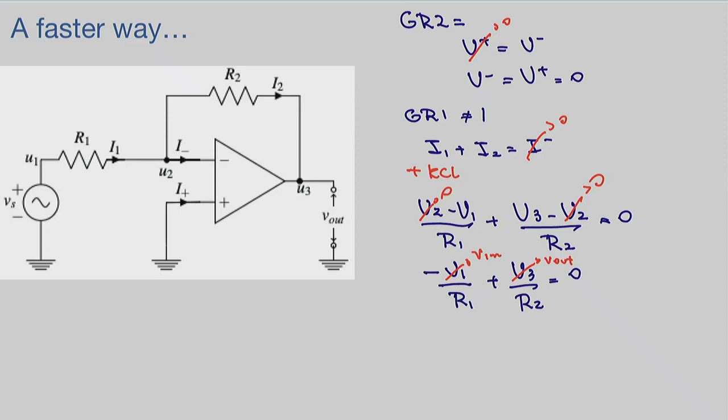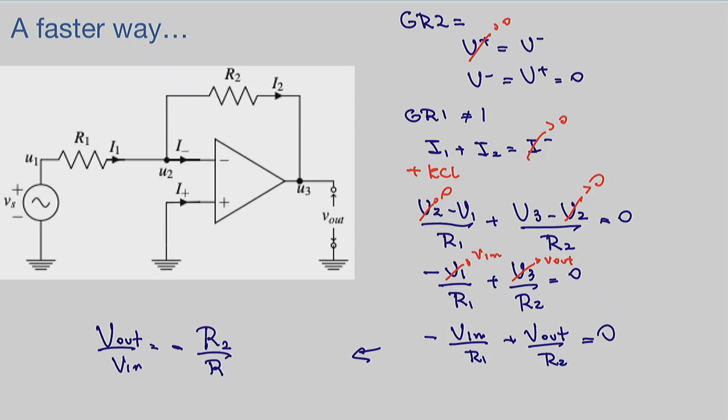That tells me that we can write this as minus V in over R1 plus V out over R2 equals 0. Now I want V out over V in, so there you go. Our answer is right here. V out over V in is going to be equal to minus R2 over R1. So much faster.